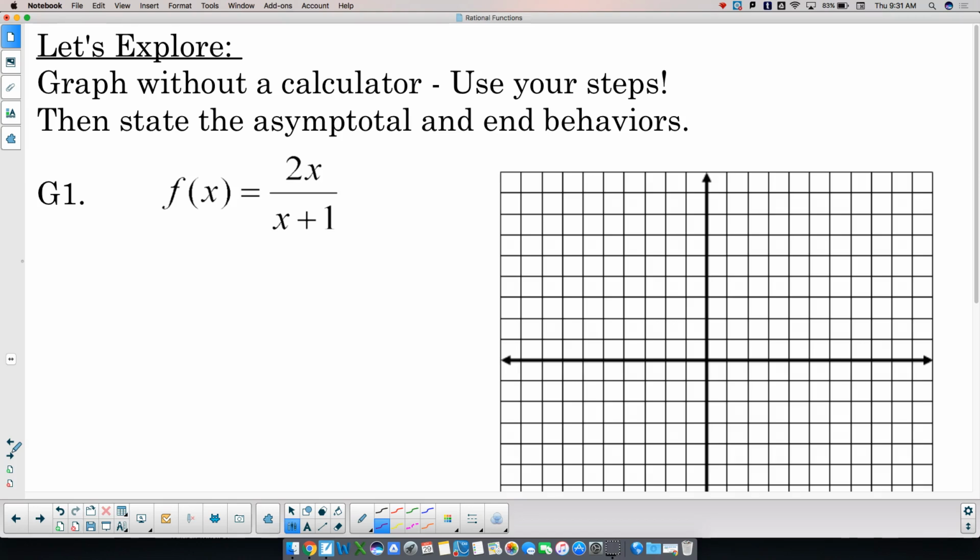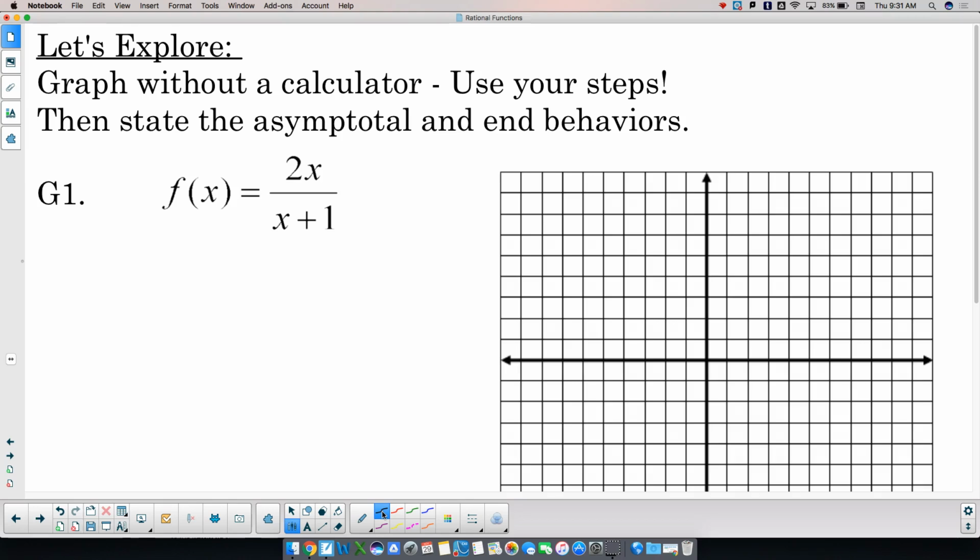So, step number 1 says what? Everybody has it. Everybody should be shouting out at the exact same time. Step number 1 is set the denominator to 0 because I need to find the domain and the vertical asymptotes. Fantastic.